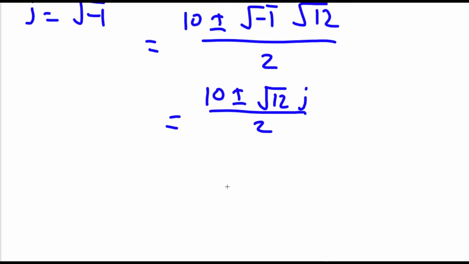Now, we aren't done yet, however, because I can simplify the square root of 12 to 10 plus or minus the square root of 4 times the square root of 3.